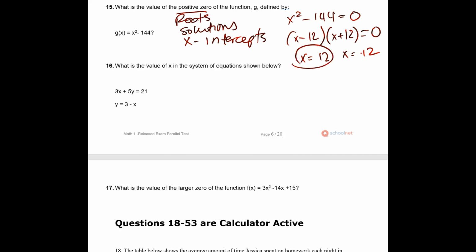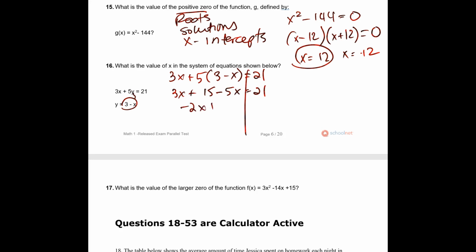All right, what is the value of x in the system of equations shown below? The value of x. So this is substitution. We substitute y there, so we get 3x plus 5y is equal to 21. y is 3 minus x, so 3x plus 5 times 3 minus x is equal to 21. 3x plus 15 minus 5x is equal to 21.